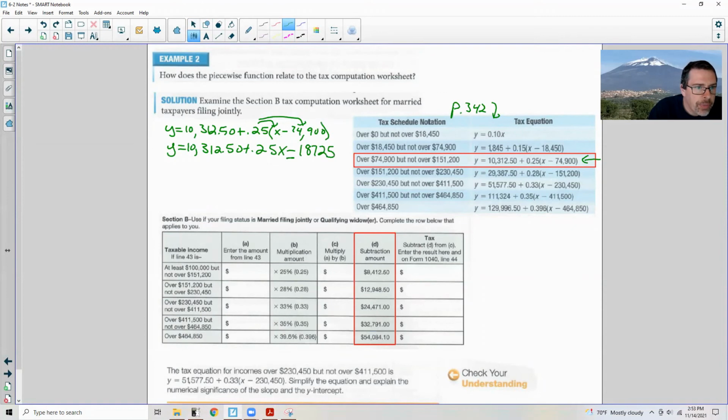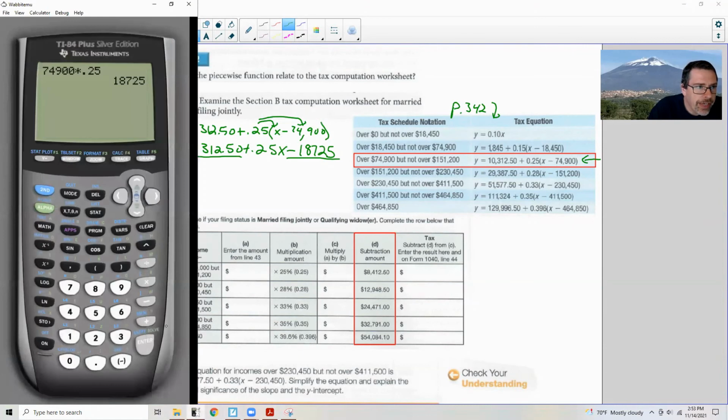Okay, so then when I combine like terms, this and this, I'm going to get $10,312.50 minus 18,725. Okay, and that is going to give me negative 8,412.50.